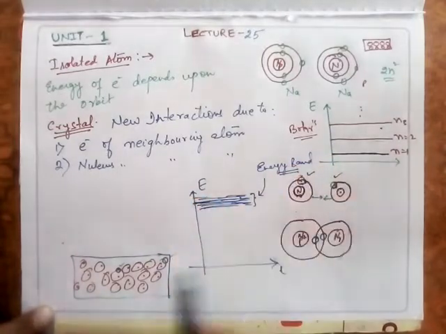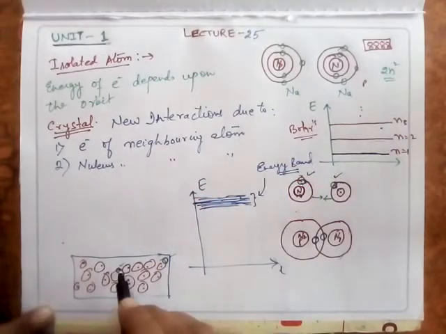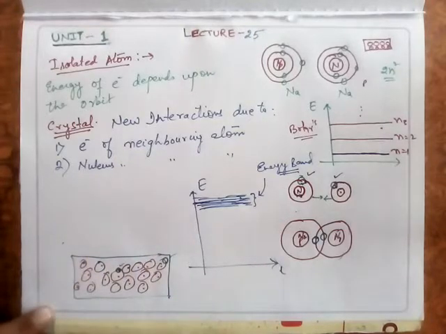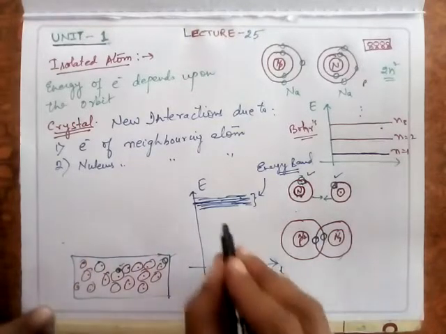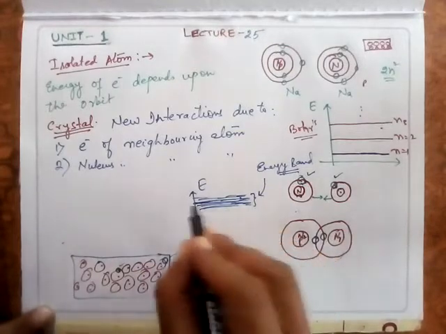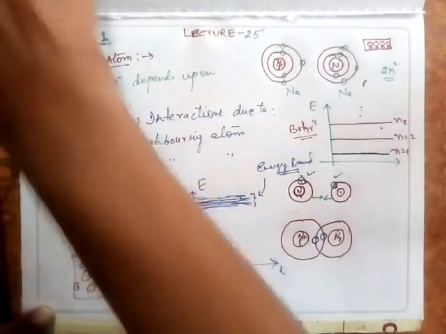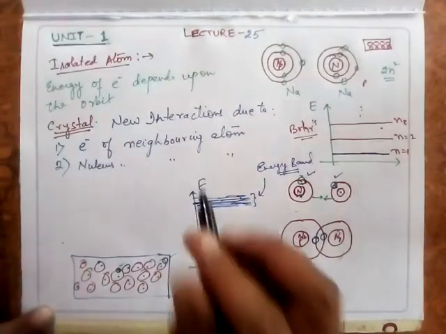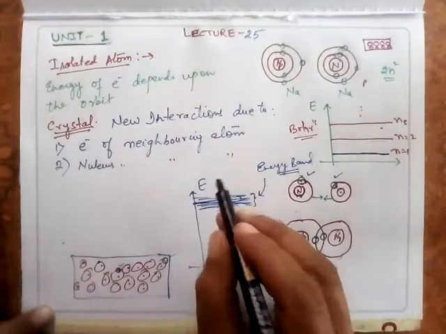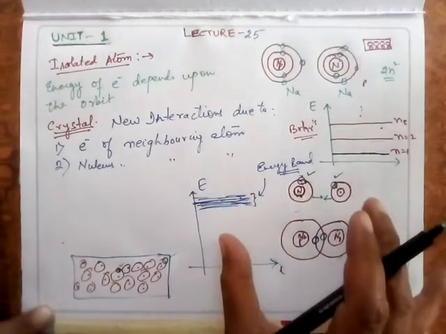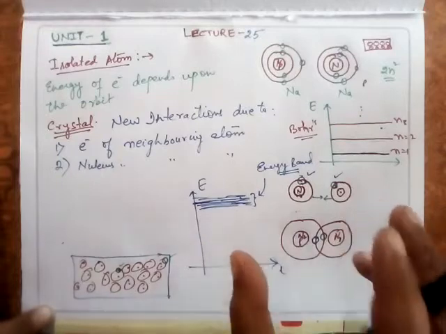In the nth band, this electron will have different energy, this electron will have different energy, and this electron will have different energy. All belong to the nth band, and we say that there is a band of energy, a range of energy. That is what I mean to say: each electron will have different energy even if they belong to the same orbit, or the same subshell.